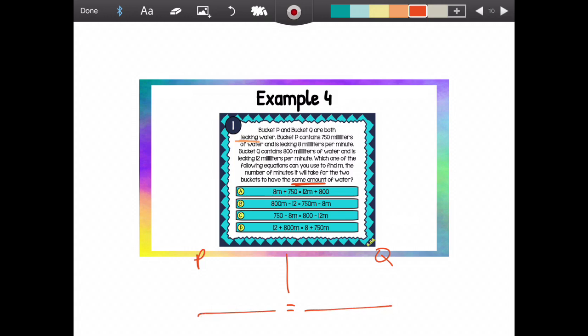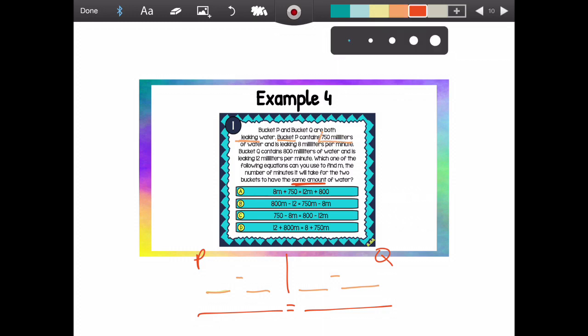Now, let's go back to that word leaking, and hopefully you thought about subtraction. Again, you're losing water. So we know that both of these buckets are losing water. So I know both of my expressions are going to have subtraction in them, because they're both leaking water. Now, bucket P says that it's starting with 750 milliliters.